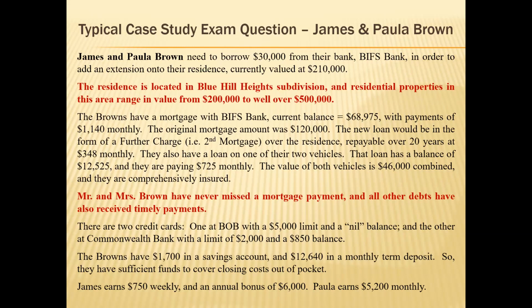Mr. and Mrs. Brown never missed a mortgage payment, and all other debts have also received timely payments. It tells us their 2 credit cards, their limits and balances. It gives us their cash holdings, whether savings accounts or term deposits, and their weekly earnings.